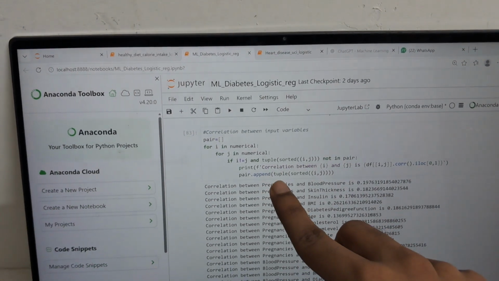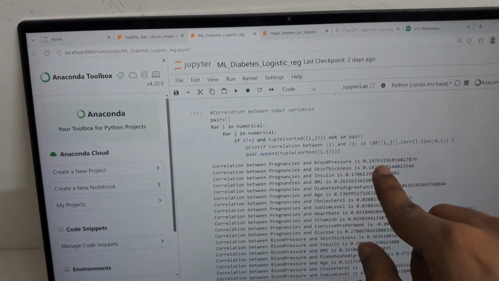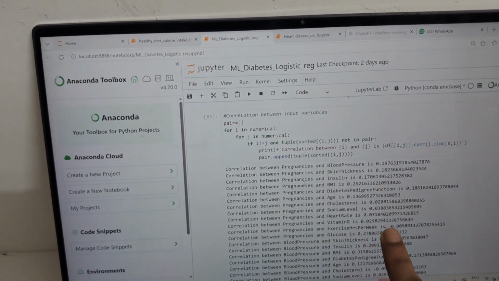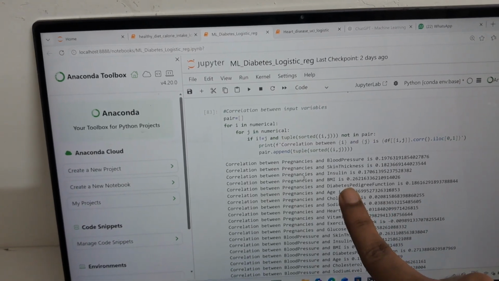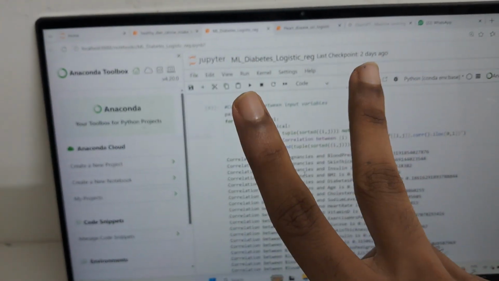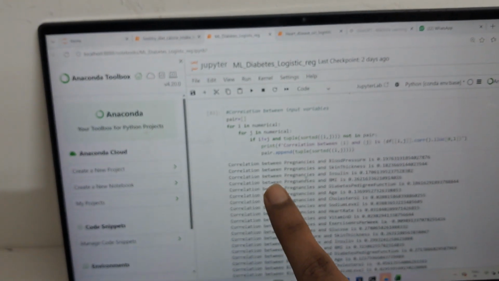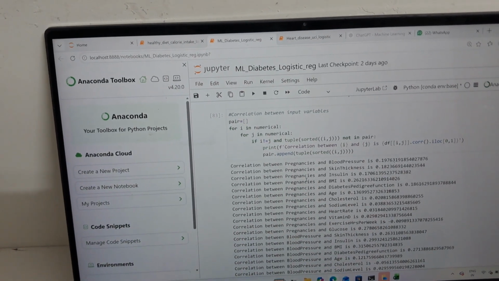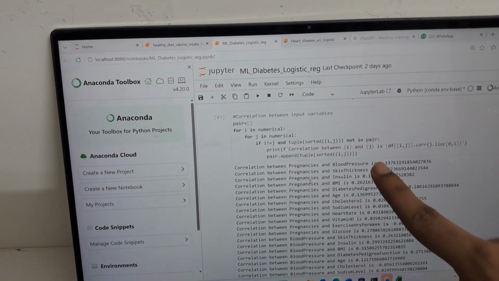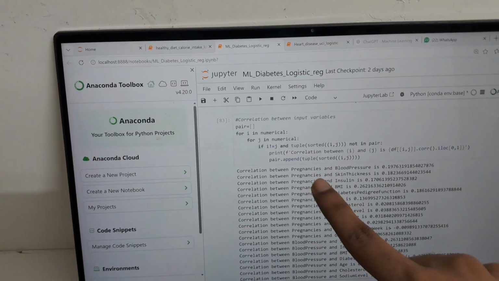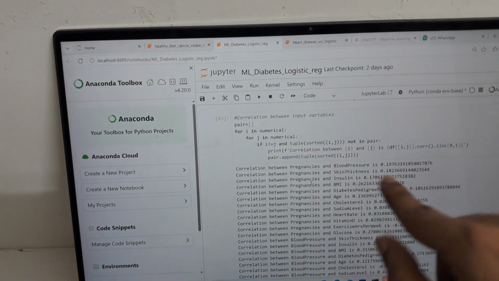For example, pregnancy and blood pressure: the relation is actually near to 0. This correlation will be between 0 and 1. If it is near to 0, the relation is less; near to 1, the relation is more. As it is near to 0, the pregnancy and blood pressure relation is less.